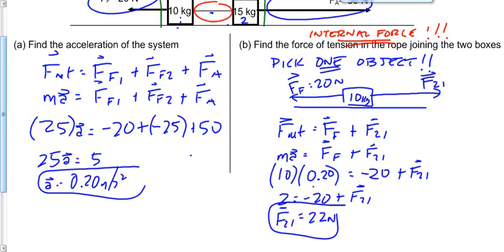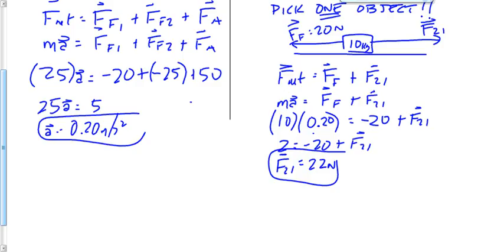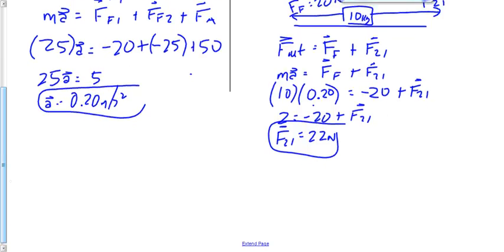Now, what if I had picked object 2 to analyze, the 15 kilogram object, the kid at the front of the wagon? Let's try it. Let's give it a whirl here and see what happens. Okay, if we're analyzing the second object, its mass, I think it was 15, wasn't it? 15 kilograms.